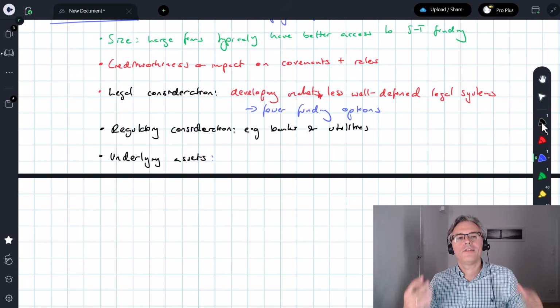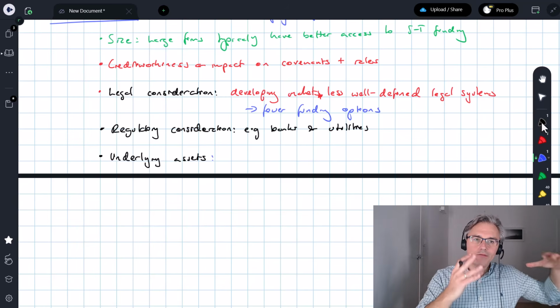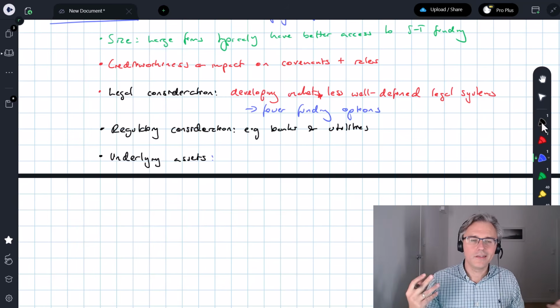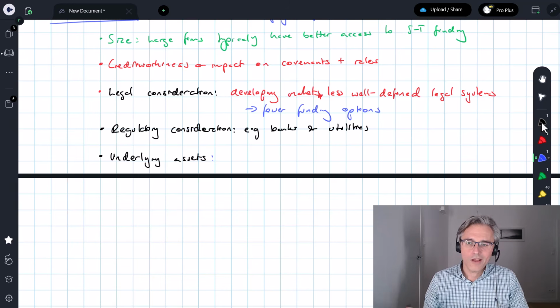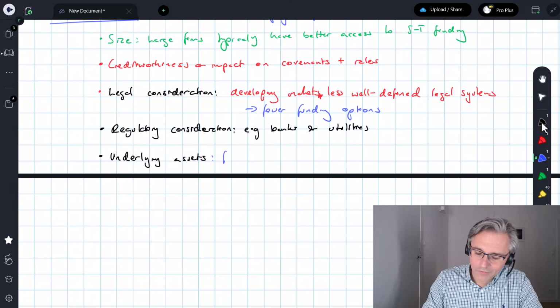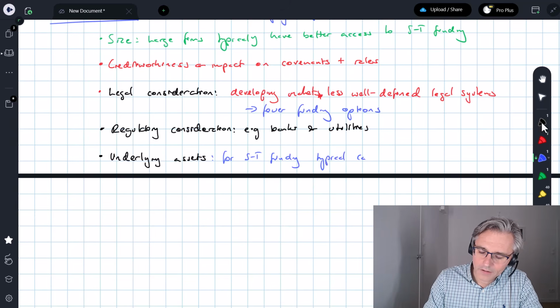If you're borrowing long-term, then you typically have long-term assets like buildings, property, plant and equipment being used as the collateral, whereas for short-term funding, typical collateral will be stuff like inventories.